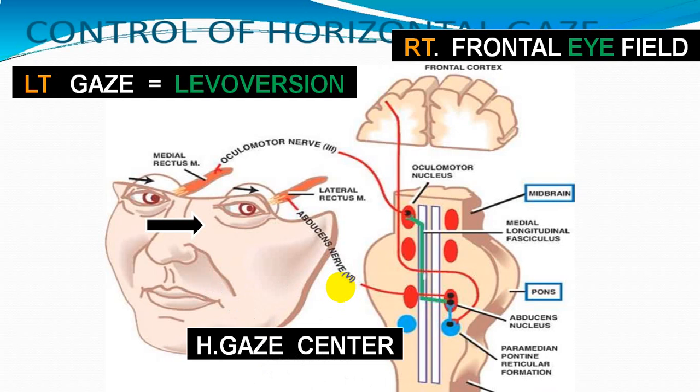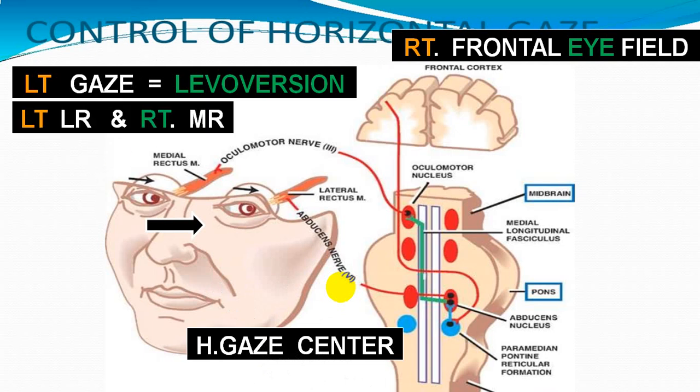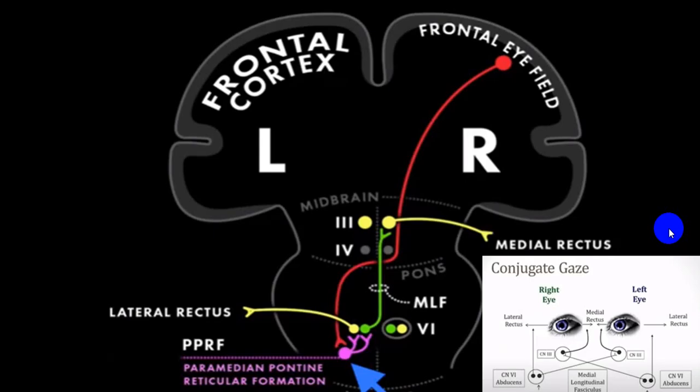So horizontal gaze center, frontal eye field, then we call the medial longitudinal fasciculus, then you have got the paramedian pontine reticular formation, PPRF, how exactly the nerve connections are there. I've already discussed all this in that particular chapter.